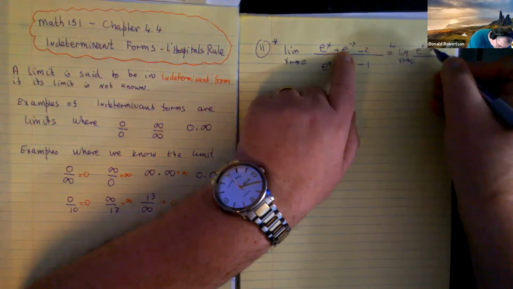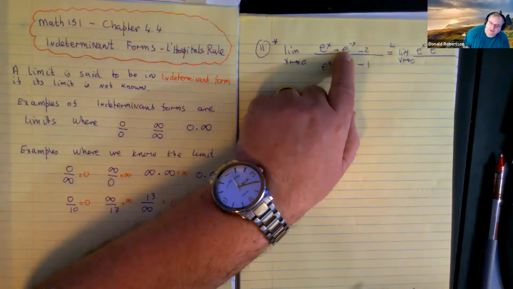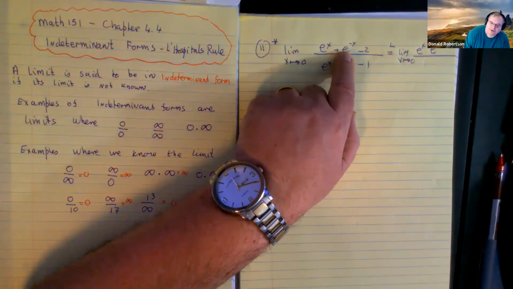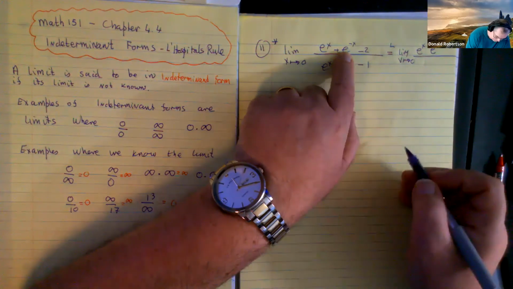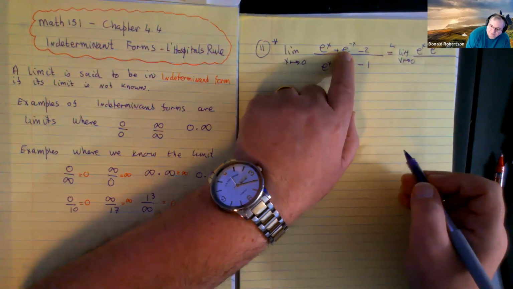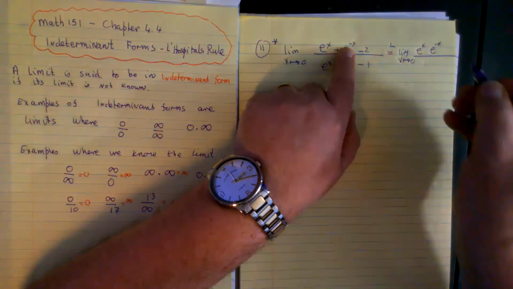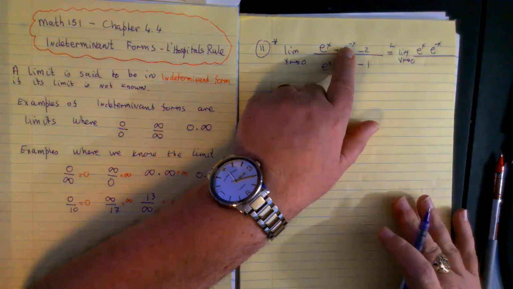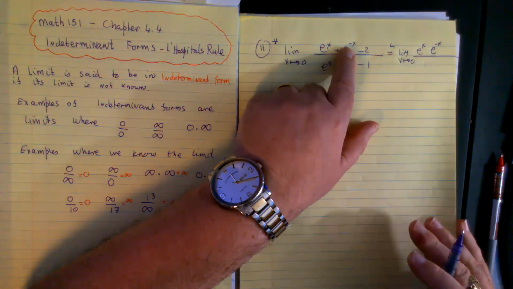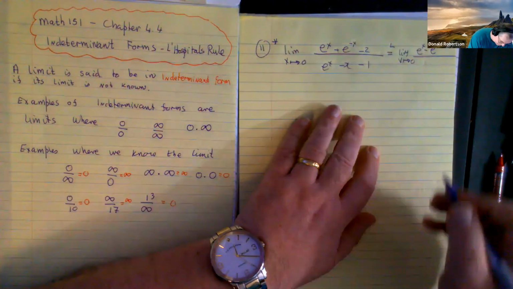If you differentiate e to the negative x, do you get anything else? Chain rule, e to the negative x. You multiply by the negative one. Negative one. Yes, agreed.